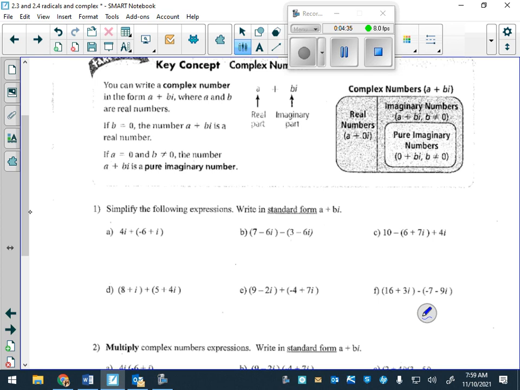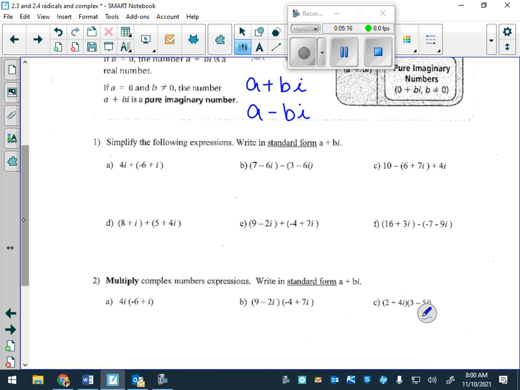Anytime we are doing any sort of operations, add, subtract, multiply, and eventually divide, we have to remember our final answer has to be in a plus bi or a minus bi. The reason is a is your real number, b is your imaginary, okay? So it's always your real number plus or minus whatever your imaginary is. That's called standard form with imaginary numbers.